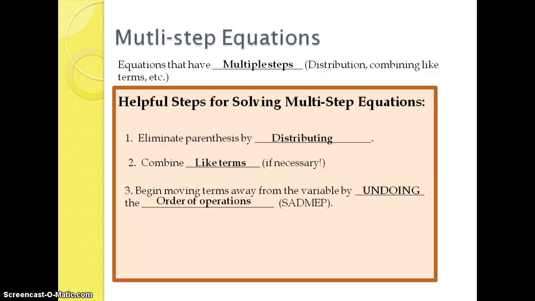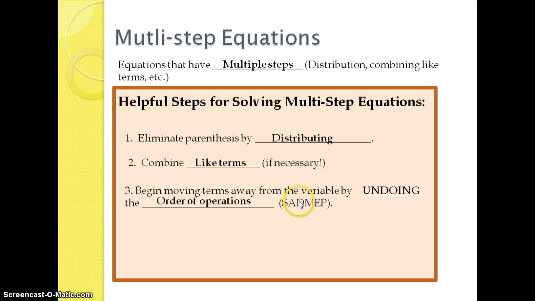Once you've distributed if needed, combined like terms if needed, then you just want to solve for the variable by undoing the order of operations. So always look at how the number is related to the variable. Anything being added or subtracted to the variable needs to be moved first. Subtraction, addition. Anything being multiplied or divided to the variable needs to be moved second.